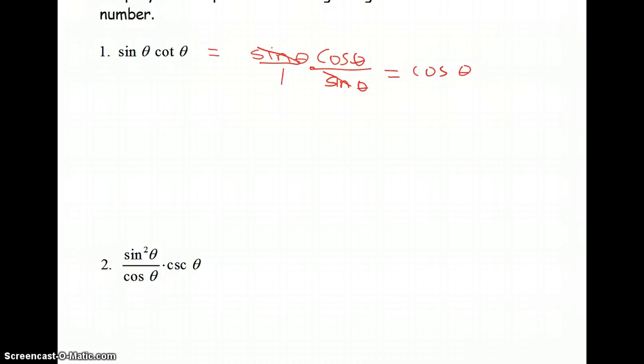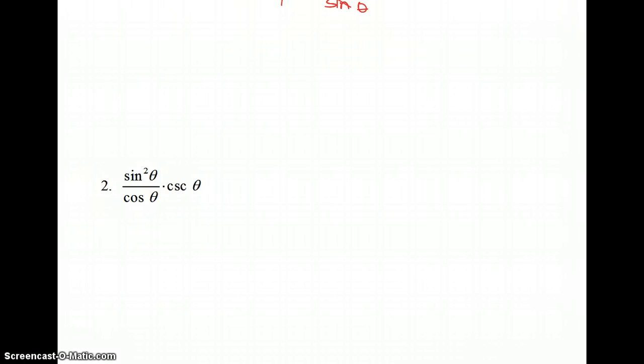Let's look at another example. So, well, I think about sine squared of theta over cosine theta. I don't think I can really change that much right now, so I'm going to leave that there. But I do know that I could change cosecant of theta to what? 1 over sine theta. And then what's going to happen?